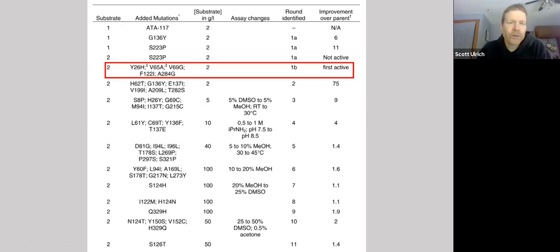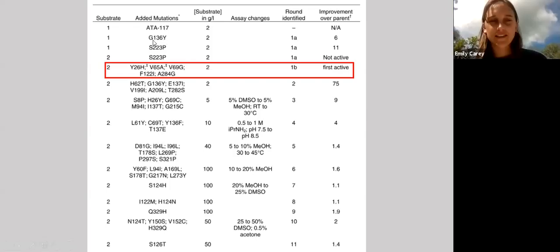Can I jump in here real quick, Emily? Yes, please. So I just want people to recognize what a little bit of this nomenclature is. Can you explain what G136Y, for example, means? Yeah, so that's saying that in the amino acid chain at spot 136, the glycine was changed to a tyrosine, and that's what each of these imply.